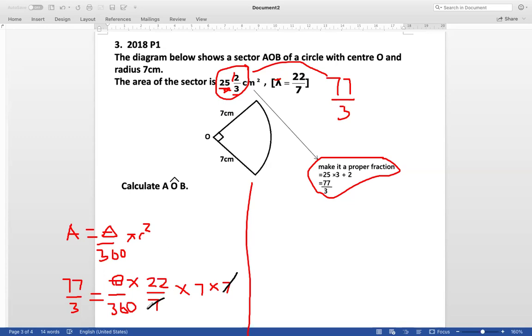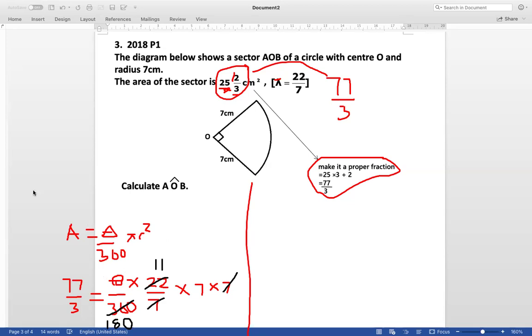Of course, we have a 2 that can go into 360, giving us 180. The same number can actually go here, 2 gives us 11.